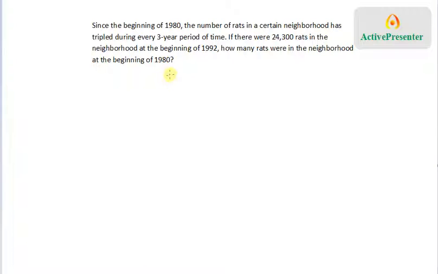Let's say that in 1980 there are A rats. A is a variable here, so A number of rats were there in 1980. If A is not the right variable to use, let's just use X then.